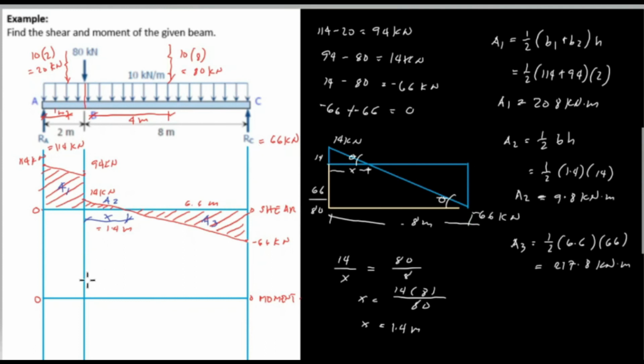So now we plot, and we start at the left at point 0, or 0 moment value. We have a positive value of area 1, which is 208 kilonewton meter, and we designate this as point 1, 208 kilonewton meter.